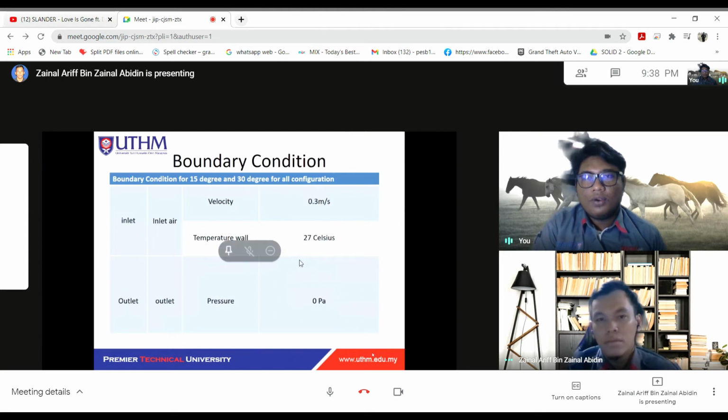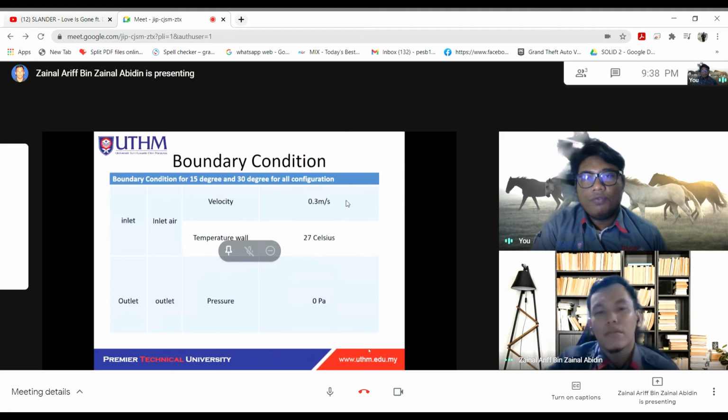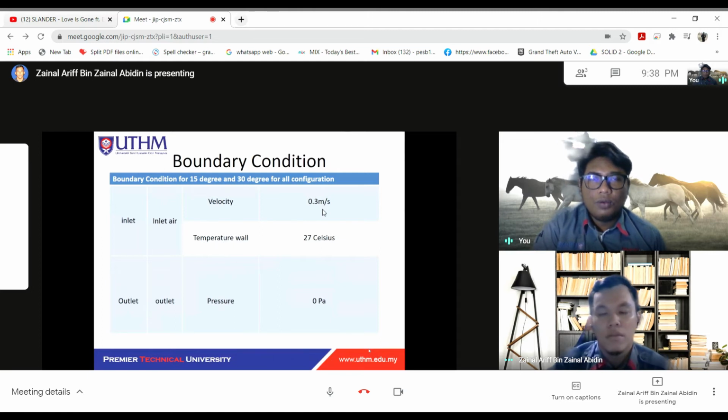For boundary conditions, there are 50 degrees and 30 degrees for all configurations. At the inlet, the fluid is air, and we assume the velocity is 0.3 meter per second, based on the previous study.